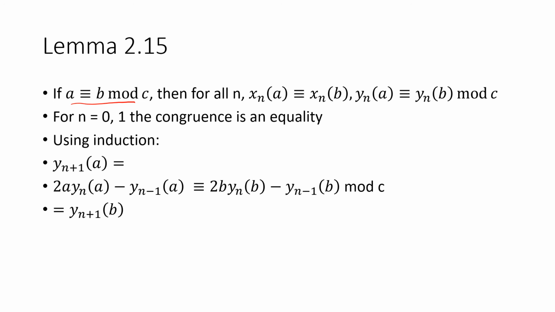Now, using induction, we can prove that the rest of this lemma is true. This is the equation that we derived from a couple lemmas ago. So remember, y n plus 1 of a equals 2a y n of a minus y n minus 1 of a. And we do the same thing with y n plus 1 of b, and since this equation holds true mod c, it's the same thing. And you can prove this inductively.